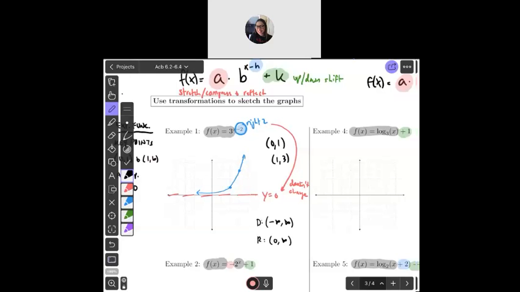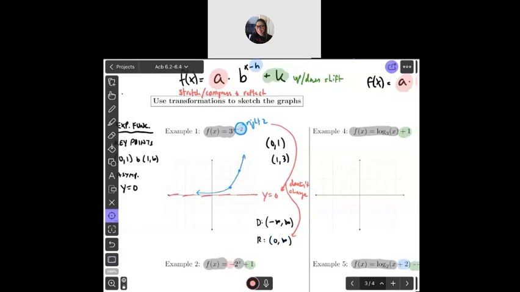Did I change anything up and down? No. So nothing changed here either, right? So a shift right or shift left will not change my horizontal asymptote, because that's a y line. It will not change my range because those are y values. So it should make sense that a shift left and right will not change y values.